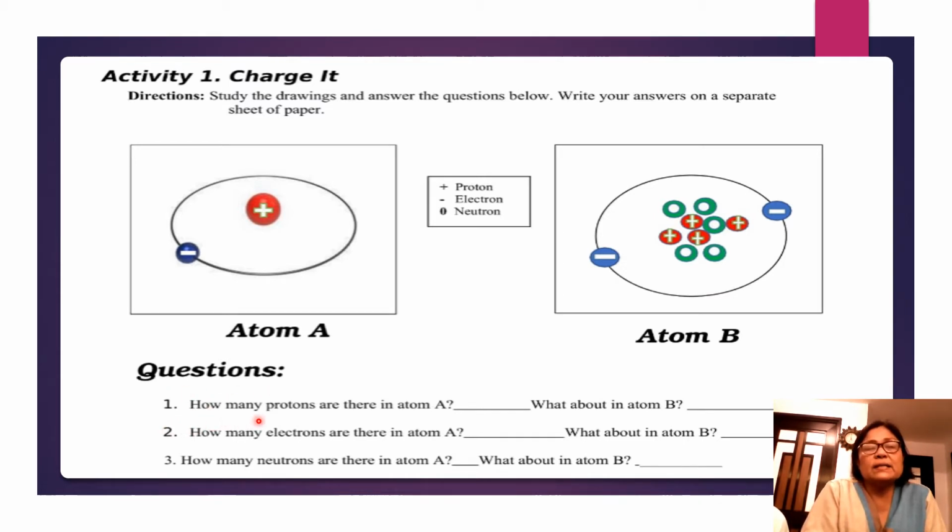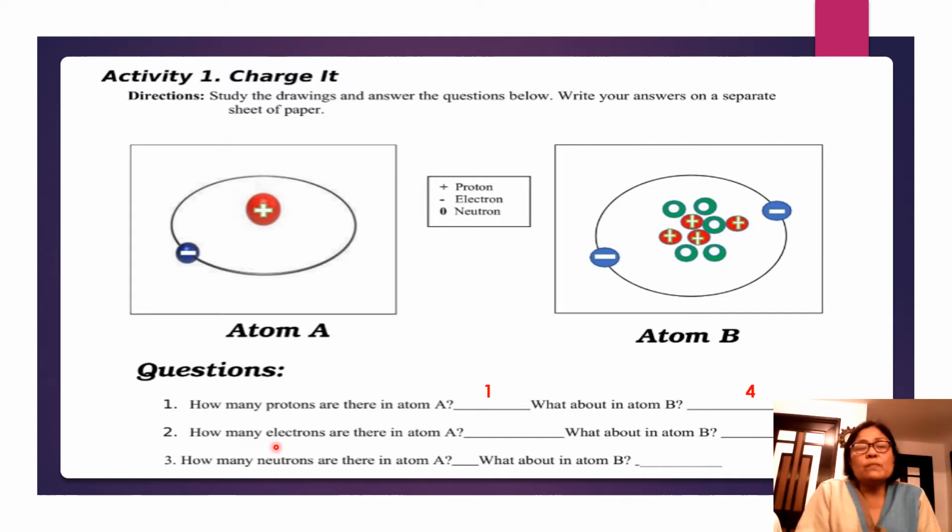Number 1 is, how many protons are there in atom A? And the answer is 1. Now, what about in atom B? So, the answer is 4.